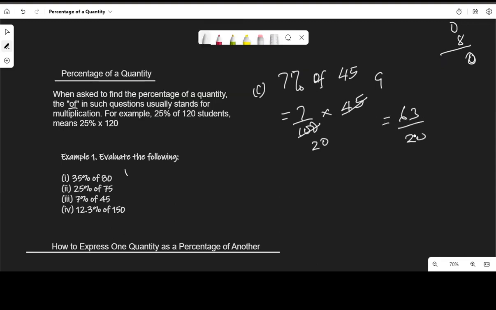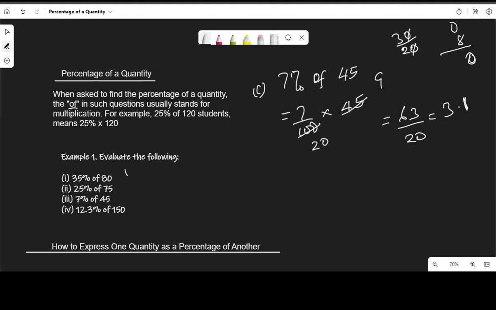63 divided by 20 is 3 whole number, remainder 3. And that 3 that remains, if I place a 0 behind it, that is 30. 30 divided by 20 is 1, remainder 10.